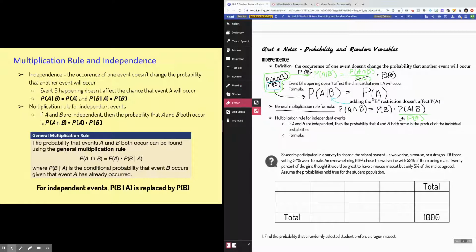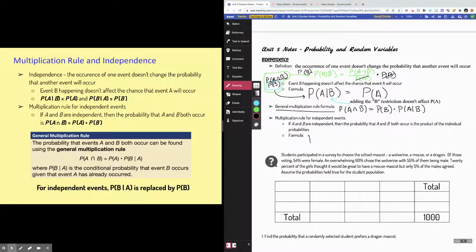Okay, so rather than writing A given B, you can just write probability of A, because remember, for independent events, A given B and A are equal. So you can substitute them out for one another, okay? So my general formula for independent events is, let's change that color, because that green is really hard to see.